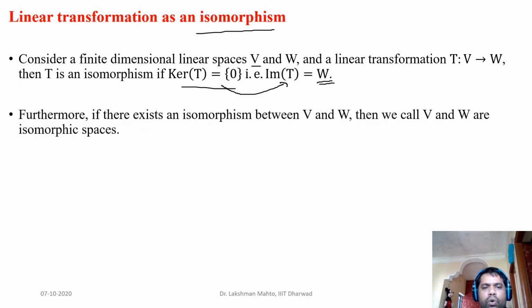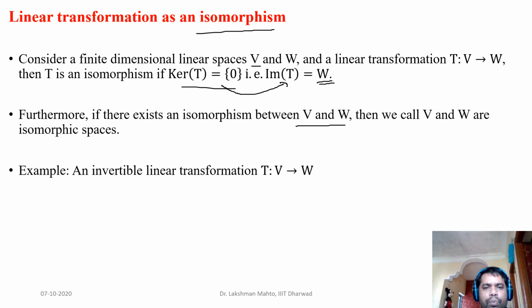Furthermore, if there exists an isomorphism between any two linear spaces V and W, then we can say that V and W are isomorphic spaces. With respect to coordinates, we had already seen that if you take any linear space and the coordinate of any vector from that space is n dimensional, then there is an isomorphism between those two spaces.